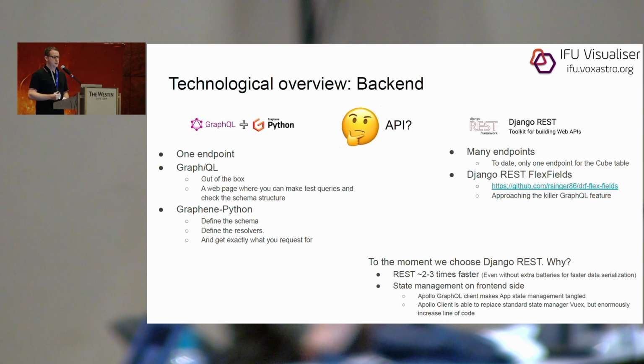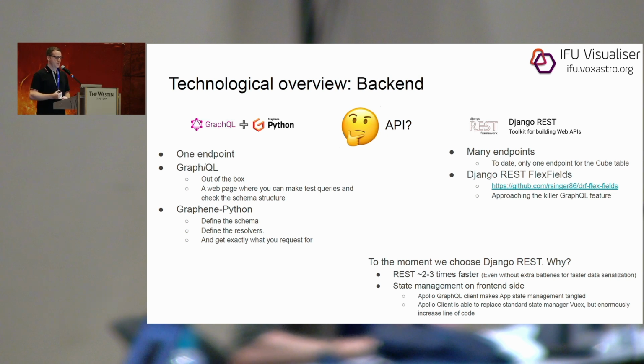But at the beginning, when we were designing our API, we decided to try the very popular GraphQL architecture, using the Django GraphQL library. It's nice because GraphQL provides only one endpoint, and the killer feature is that you get exactly the result that you requested, minimizing overheads for serialization and transferring data.